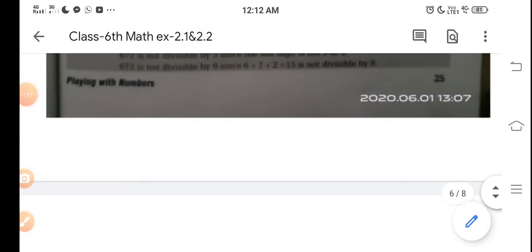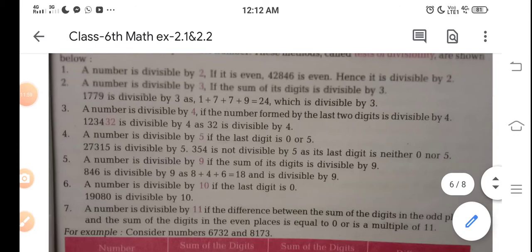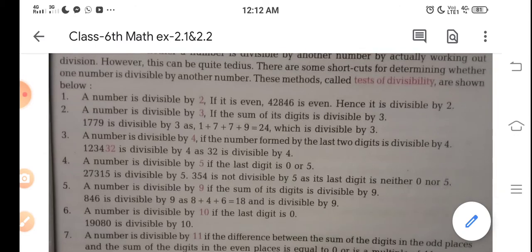Remember only some points. A number is divisible by 2 if it is even. If the last digit is 0, 2, 4, 6, 8, then that number is divisible by 2.